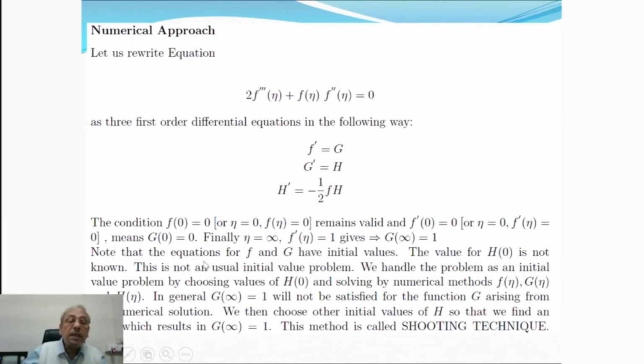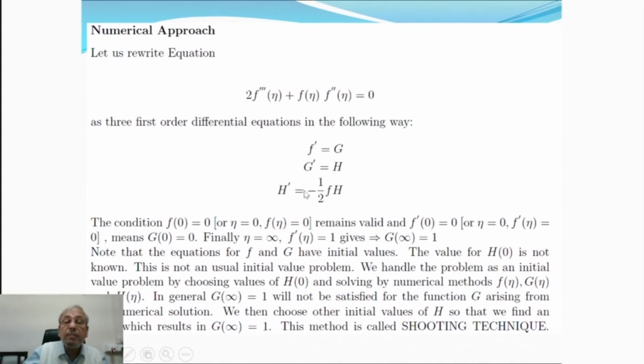So note that the equations for f and g have initial values. The value of h naught is not known. This is not a usual initial value problem. We handle the problem as an initial value problem by choosing the value of h naught.